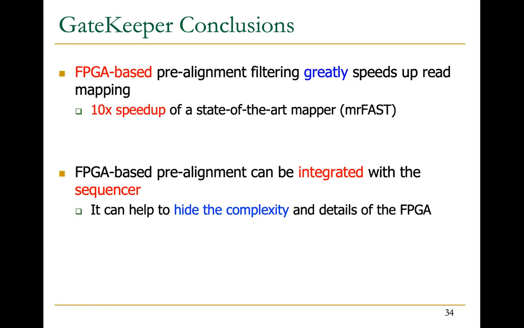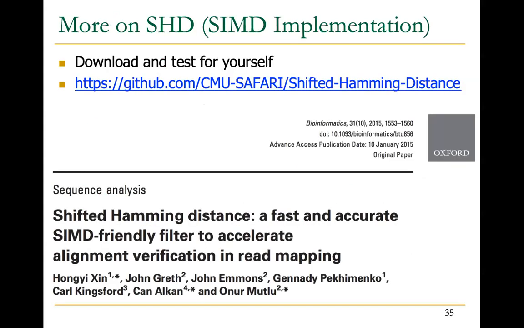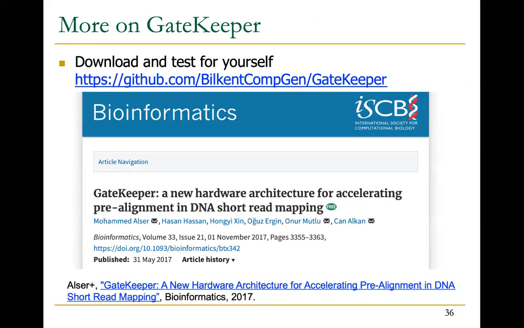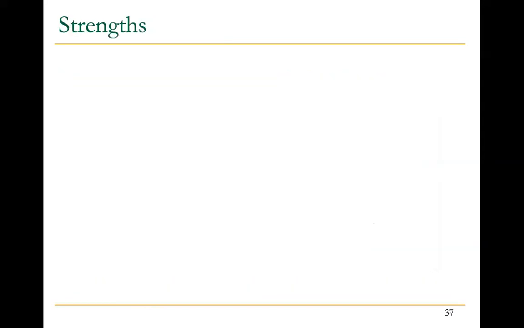Since it has a low footprint for the FPGA implementation, less than 5%, you can maybe integrate it with the existing FPGA inside the sequencing machine. And this provides two benefits. First, hiding the complexity from the user, and second, doing real-time filtering. This is the shifted Hamming distance paper published in Bioinformatics. This is GateKeeper, also published in Bioinformatics in 2017.